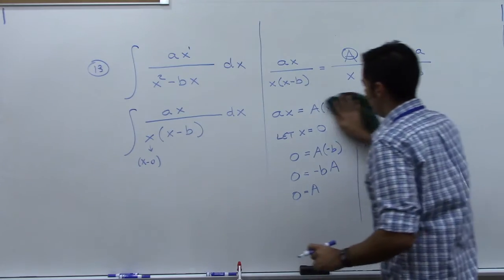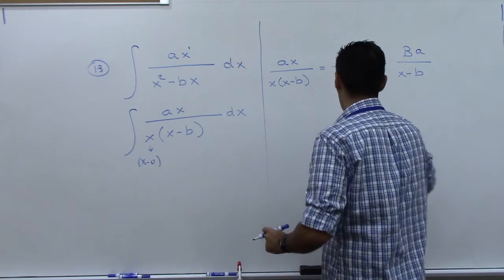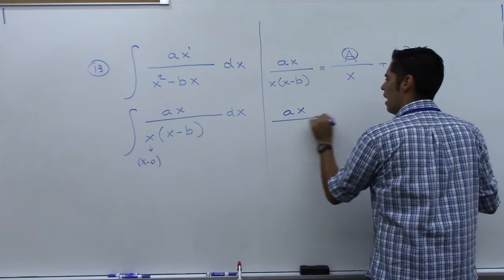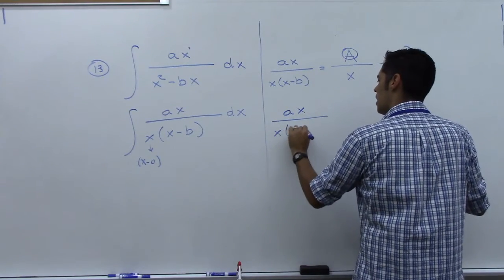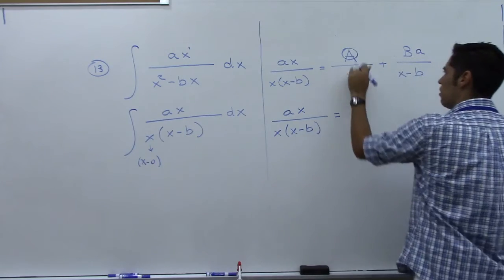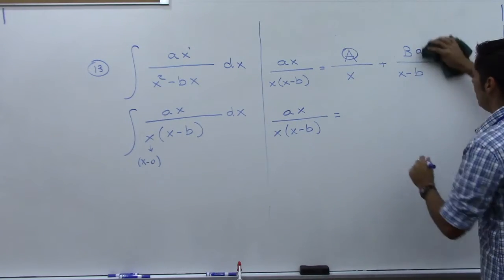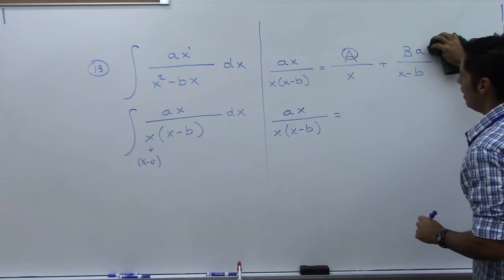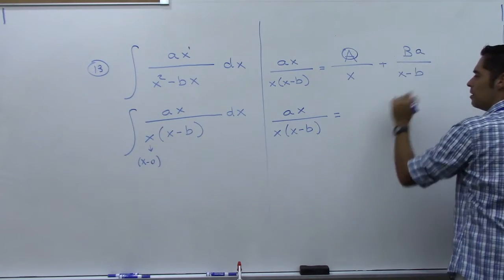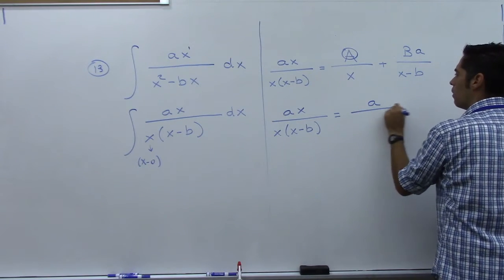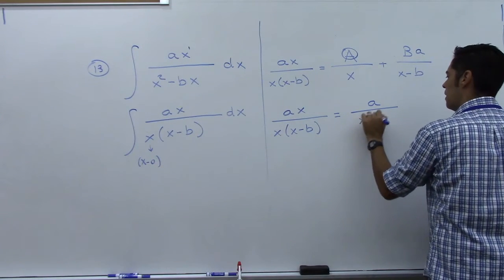But look, let me show you what this actually turns out to be. So we're saying that ax over x times x minus b is equal to 0 over x, which is 0, and then this right here, capital B is little a. This is confusing. So little a over x minus b, right?